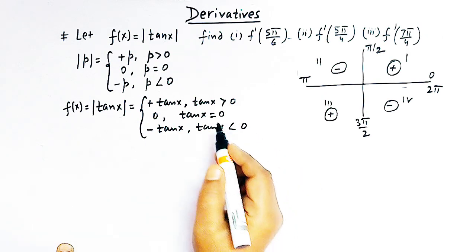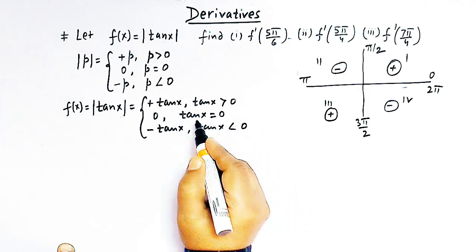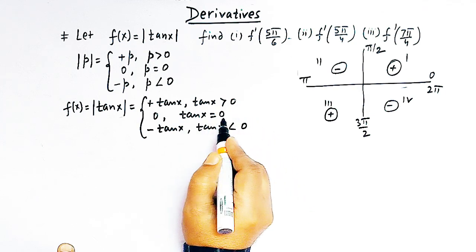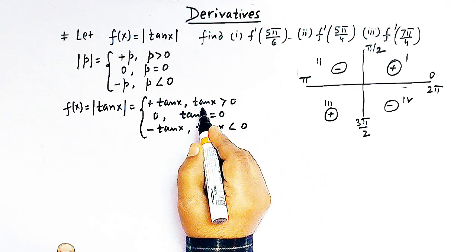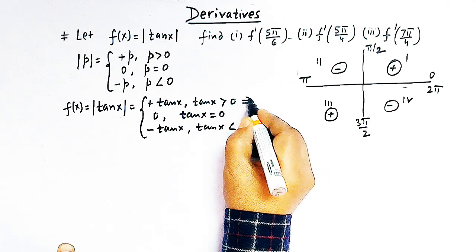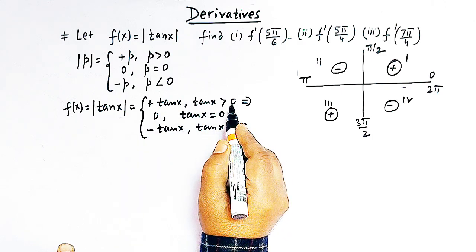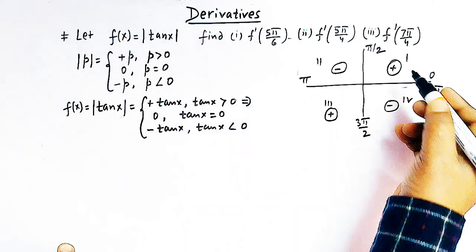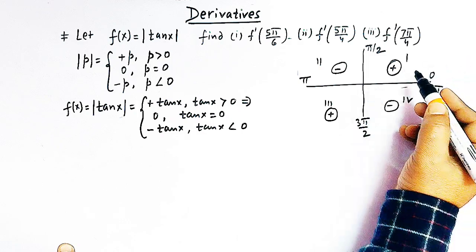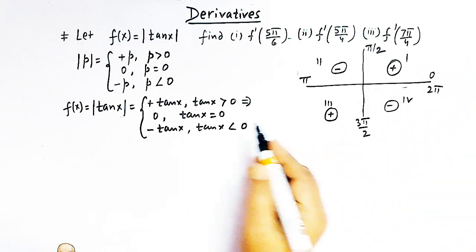So now let us first describe these two inequalities and this trigonometric equation. Here tan x is greater than 0. This implies that tan x is positive, and we know that the tangent function is positive in the first and third quadrant.